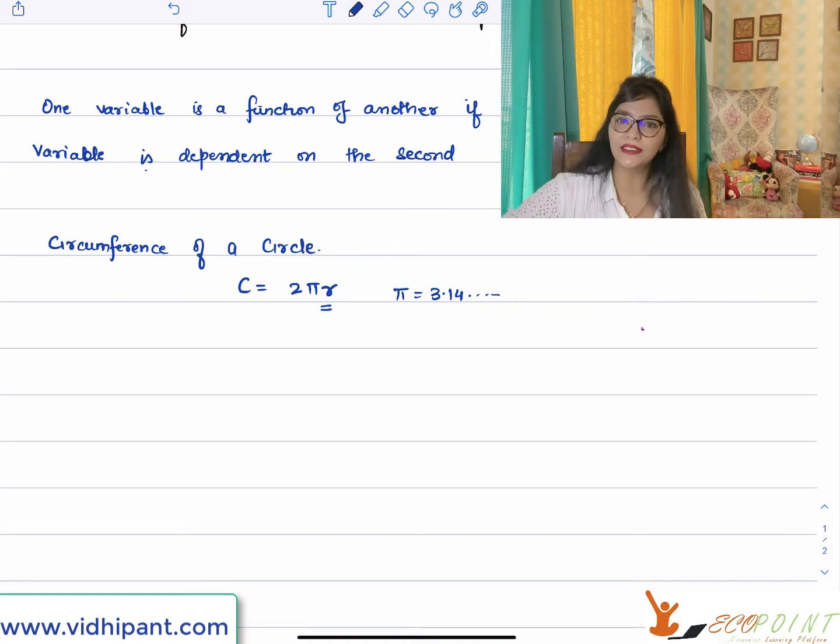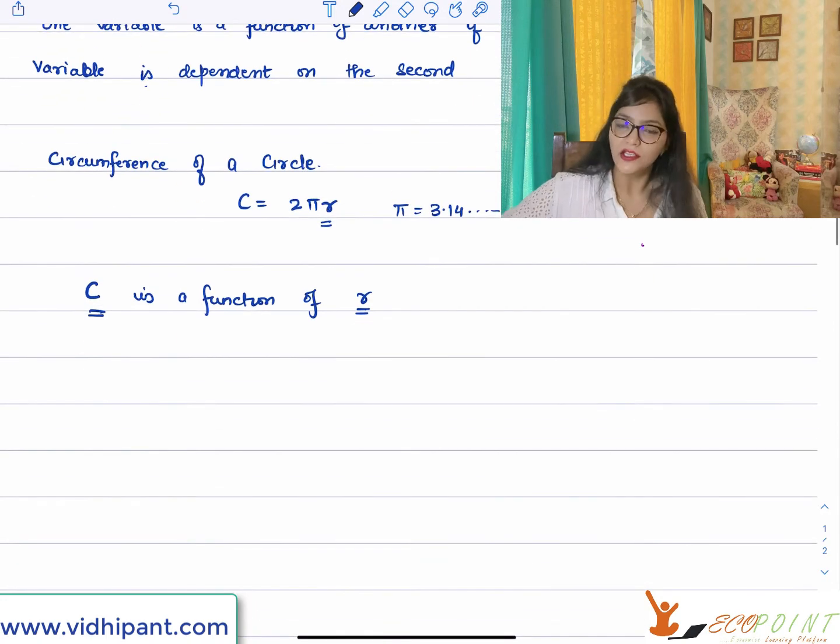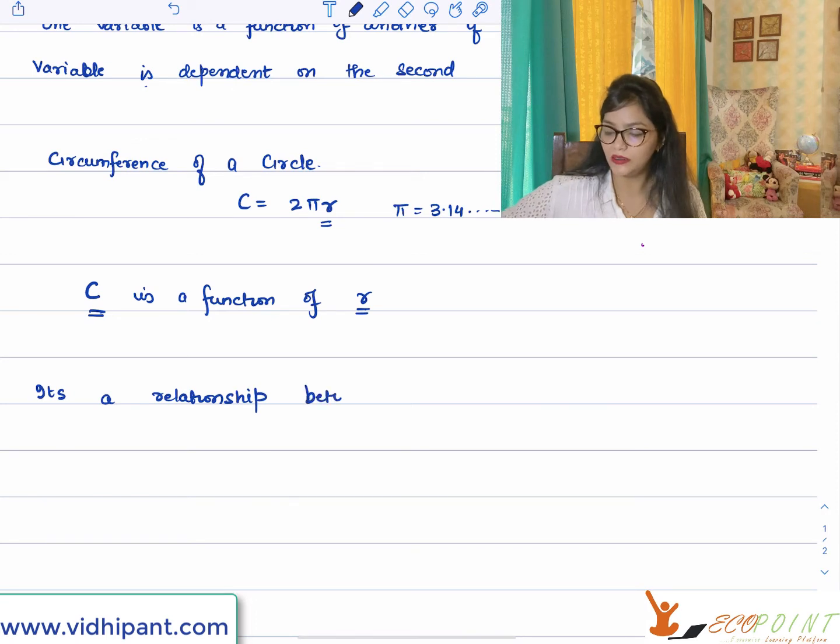So we can say that circumference C is a function of radius R. It's a relationship between two variables. That's why I said that when you're talking about a function of one variable, two variables are involved.